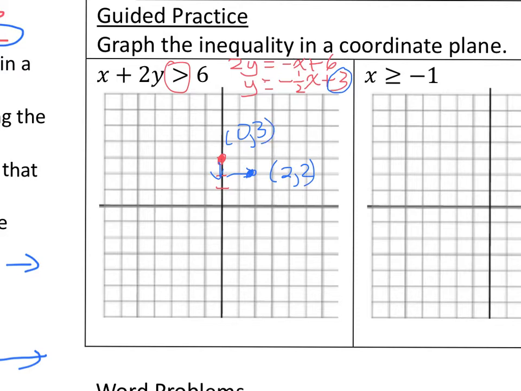And again, it has to be dotted because, and I'm going to do the 0, 0 test. 0 plus 2 times 0 is 0, which is not greater than 6. So 0, 0 is not a solution. So I need to shade in the right hand side.